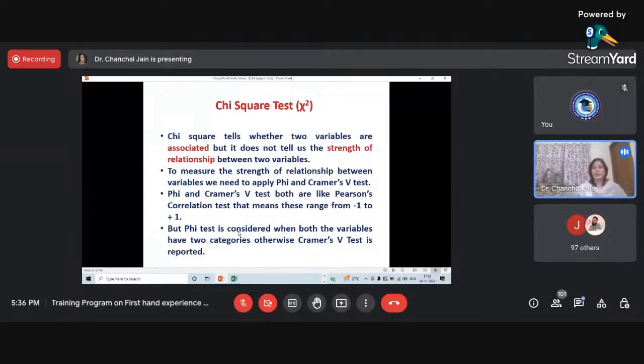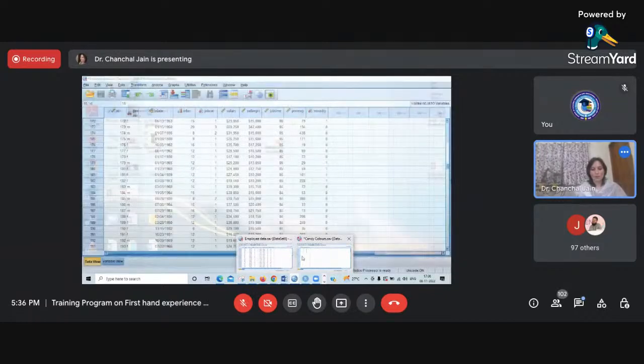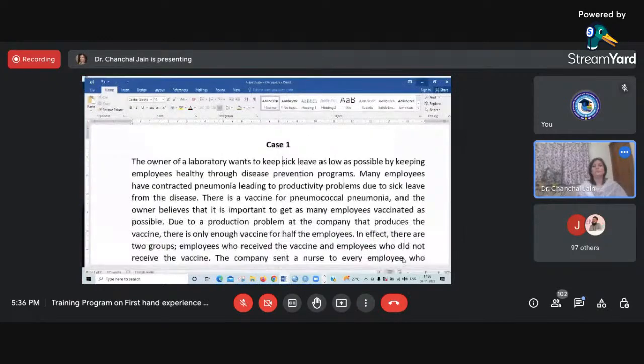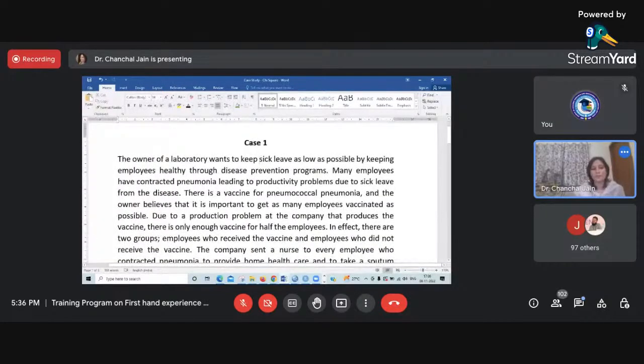So I think how I will apply all these things, I am moving to the SPSS window to show you. Can anyone confirm whether the Word file is visible to everyone or not? Yes, ma'am.